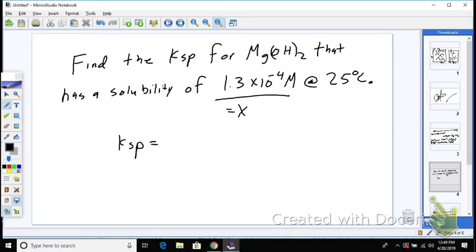Set up your equation based upon X, then plug in that concentration for X and solve for the Ksp. Go ahead and solve for the Ksp of MgOH2, and the answer is on page 643, so you can check your answer against the table there.